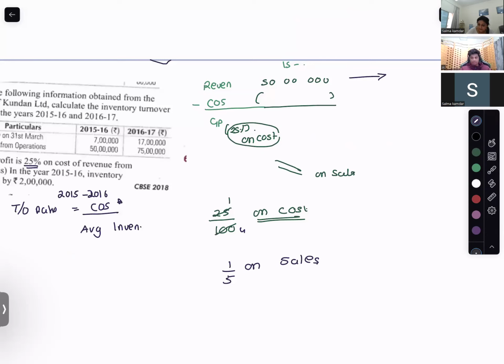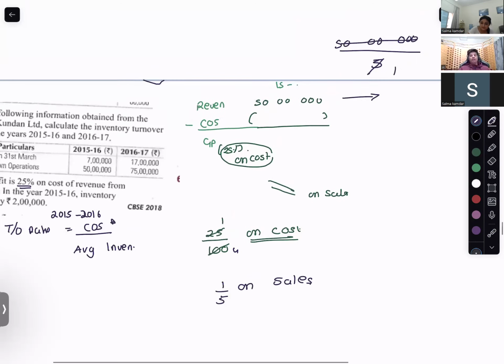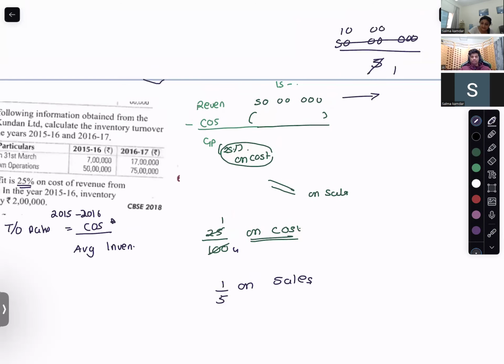Yes. So 1/5 on 50 lakh will become how much? 10 lakhs. So the gross profit will be 10 lakh.